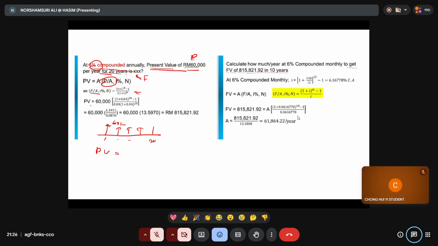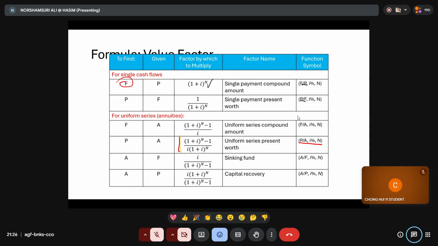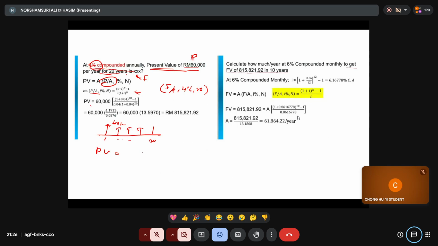They're using present over annuity, but if I understand this question, 4% means you have to use future value over present. Then you put 1 plus 0.04 to the power of 20 and times 60,000, and you can get the future value.